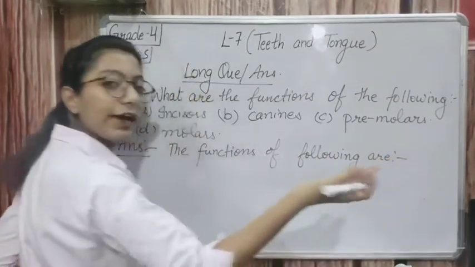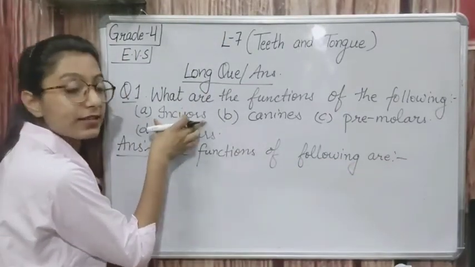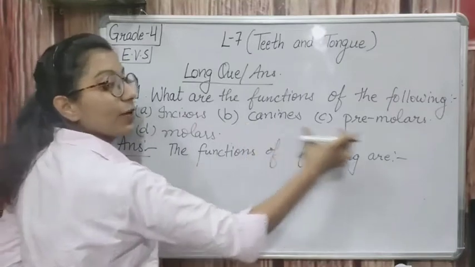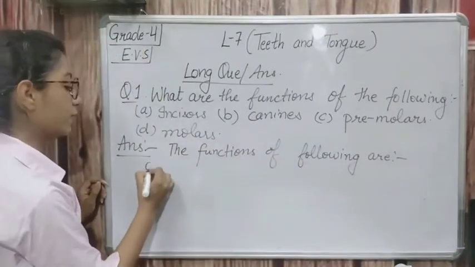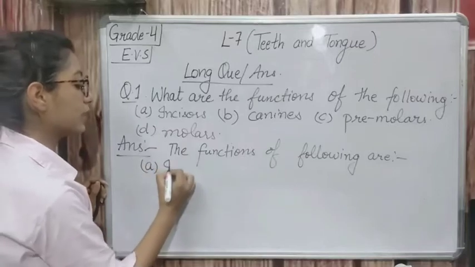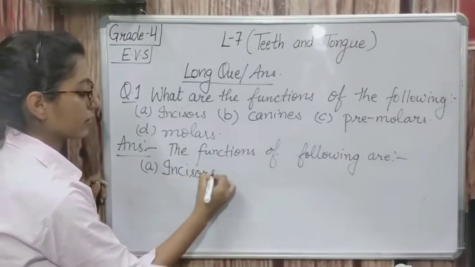So now we have to write one by one, firstly about incisors, then about canines, then about premolars and then about molars. So see, the first one is incisors. So make a heading here, incisors.